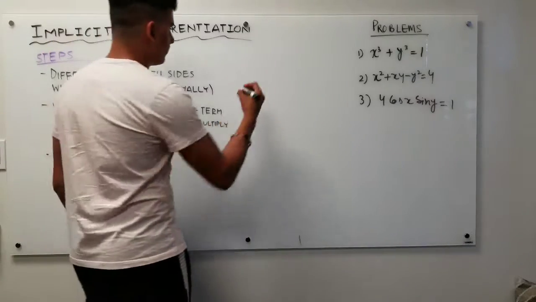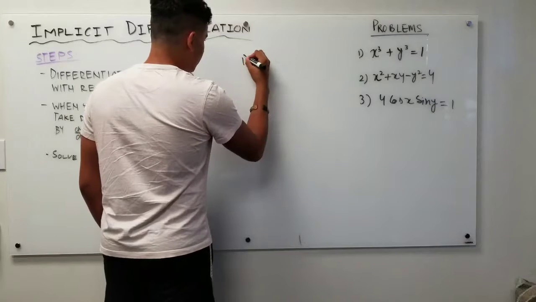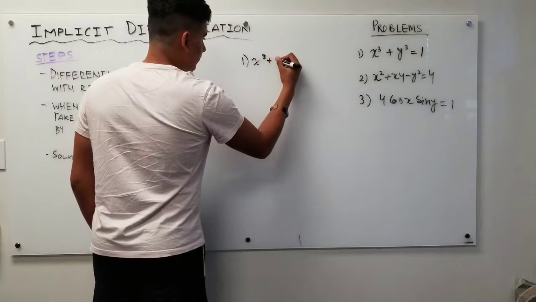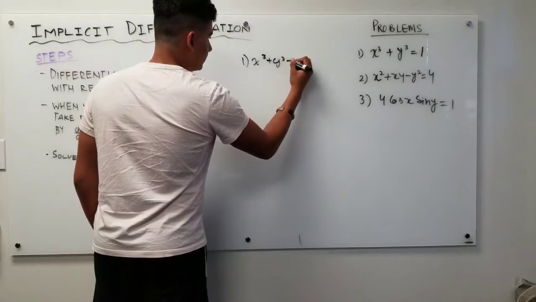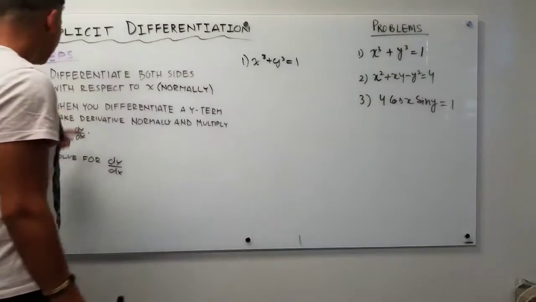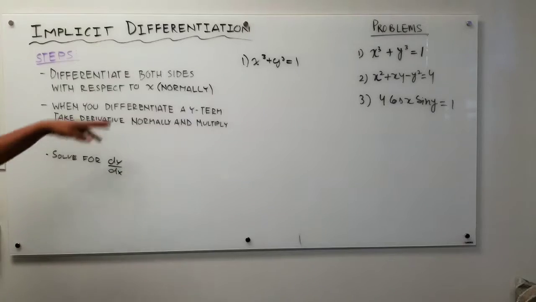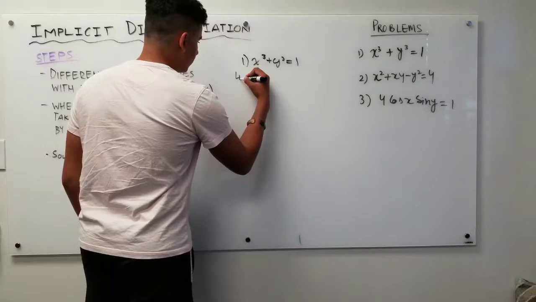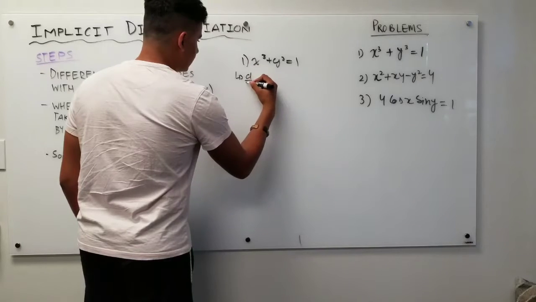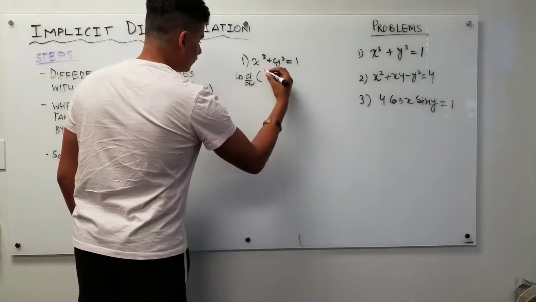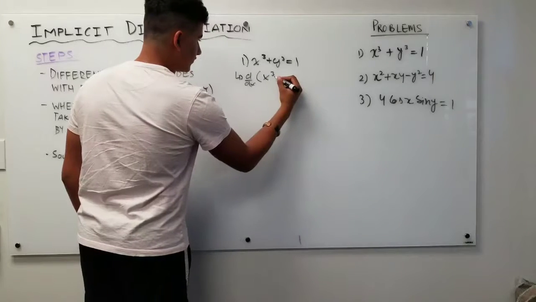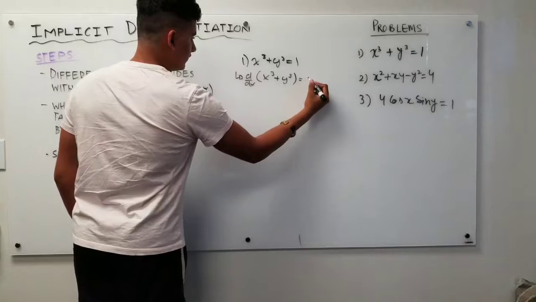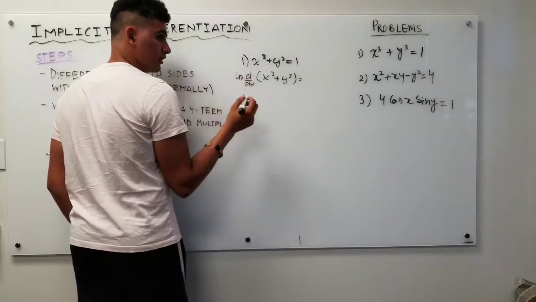So let's jump into problem number 1, where we have x cubed plus y cubed is equal to 1. According to our first step, we differentiate both sides with respect to x. So d dx of the whole left side, x cubed plus y cubed, is equal to d dx of 1, because whatever you do on one side you have to do on the other.